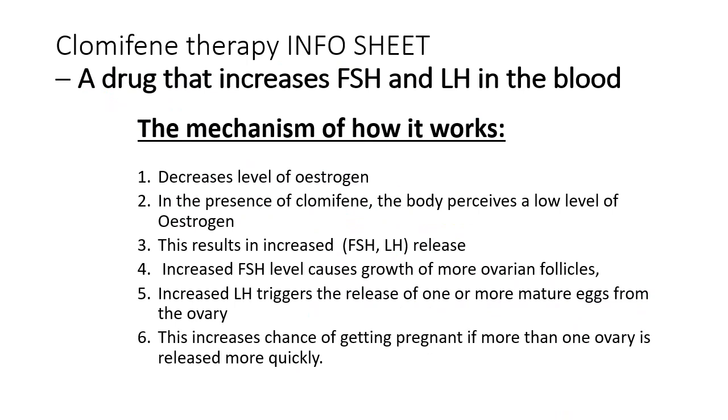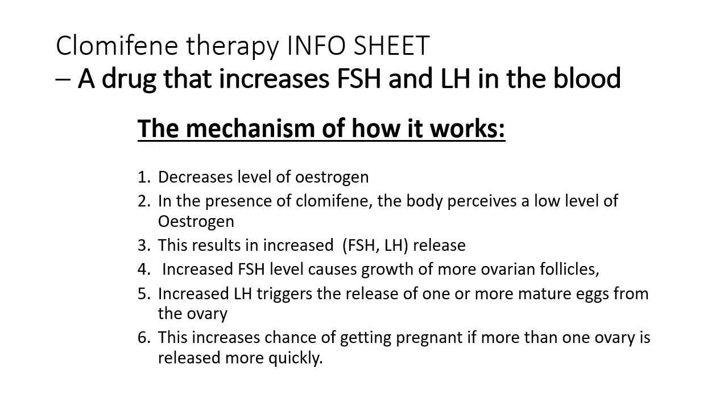There's also something called Clomiphene therapy. Clomiphene therapy is, again, just tricking the body to do various different things. What it does is decrease the level of estrogen. When you take Clomiphene, the estrogen reduces, and that stimulates your body to start producing FSH and LH.